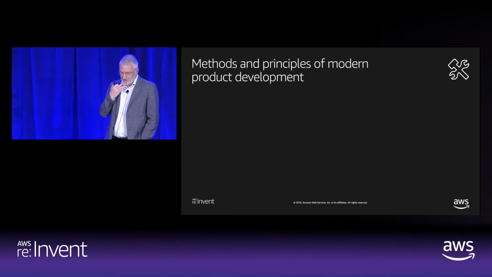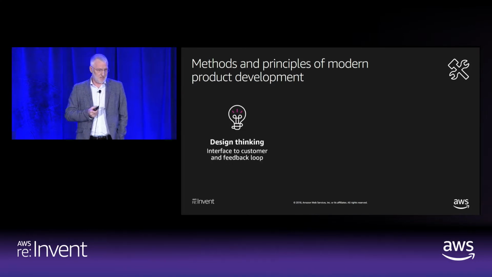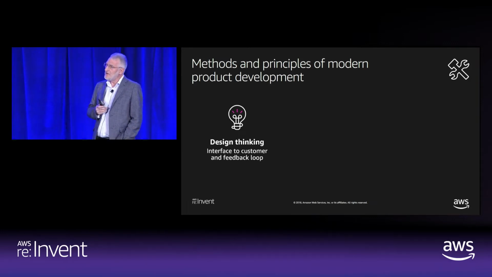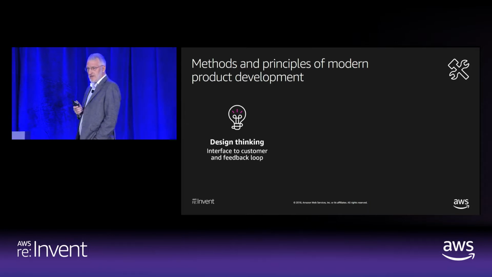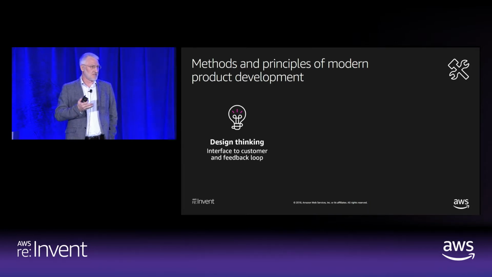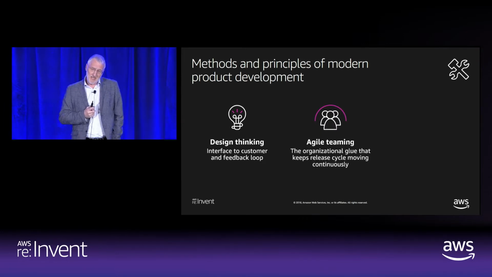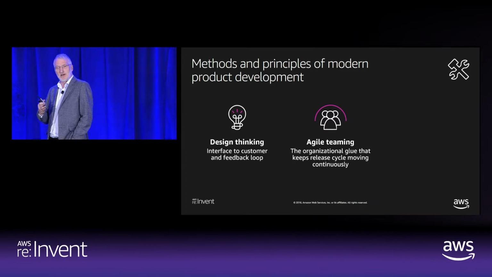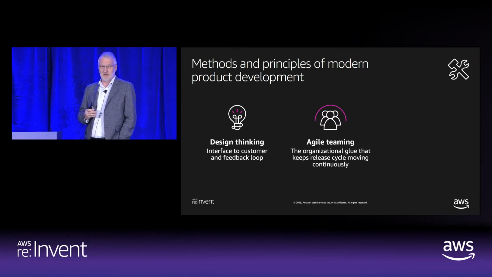So I submit that there are three different critical components to modern product development. The first one is how you figure out what work to do. One common framework for that is design thinking. The second one is, once you figure out what's the right work to work on, how do you organize your team most effectively to get that work done?